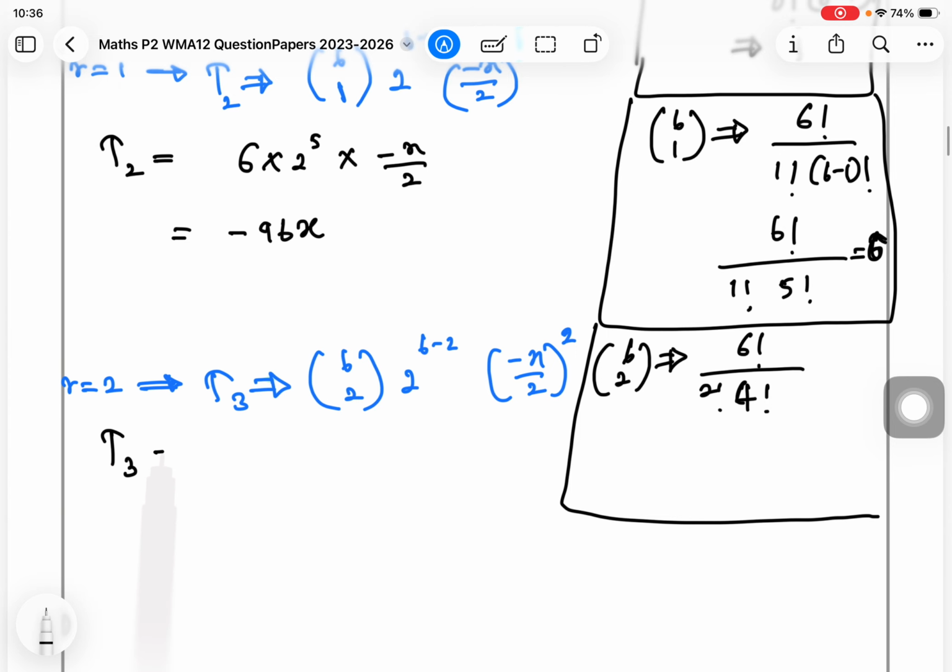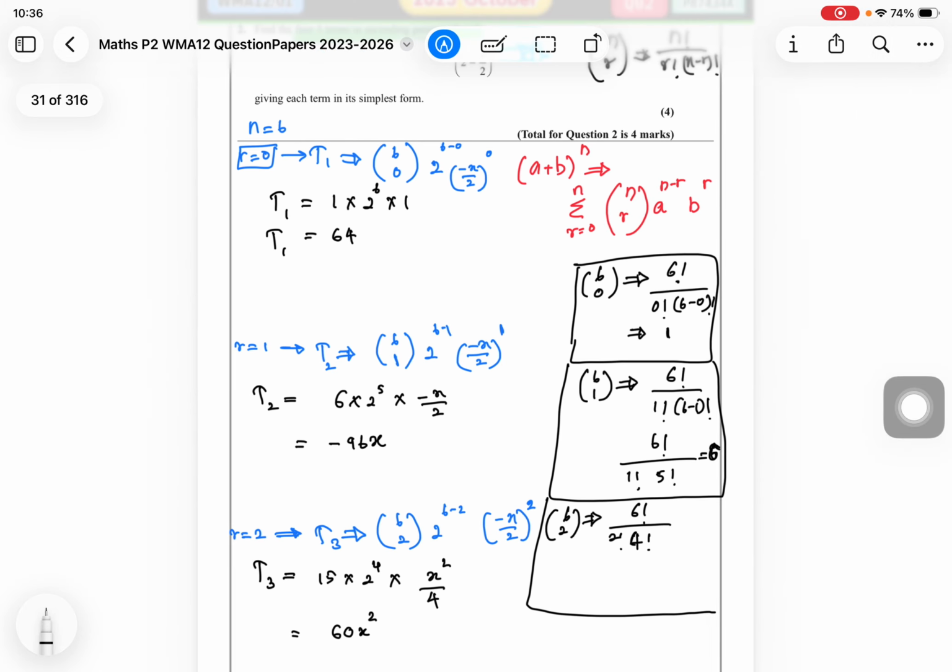And T3, that would give us 6C2, which is 15, times 2 to the power 4 times x squared divided by 4. So we would again get the value, which is going to be 60x squared.